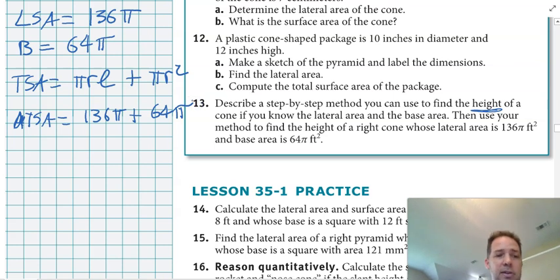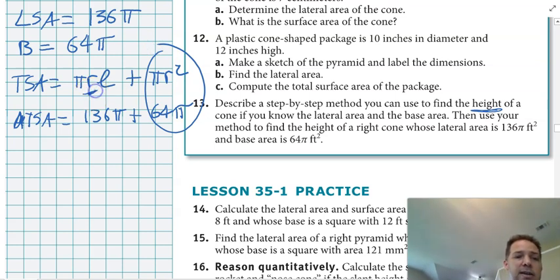But an easier way to do this one would be to use just this part to solve for r. Once I know r, I could plug it in here and then solve for L. And once I know L, I'll know the pieces of a right triangle I can use to solve for H. So since I know this equation is what I use to get this value, let's first solve for r. So I know that pi r squared equals 64 pi.